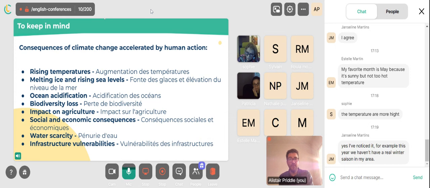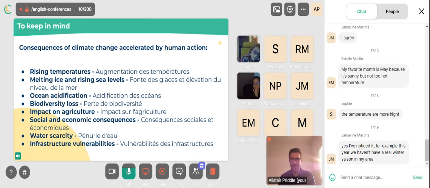Okay, and here are some things to keep in mind. We've got some good English language here of things to keep in mind related to climate change. So the consequences of climate change are accelerated by human action. Let's have a look at some of these consequences of climate change accelerated by us, the humans.